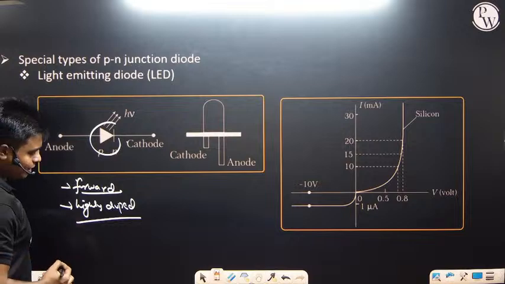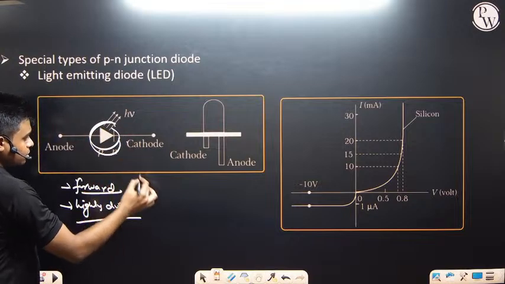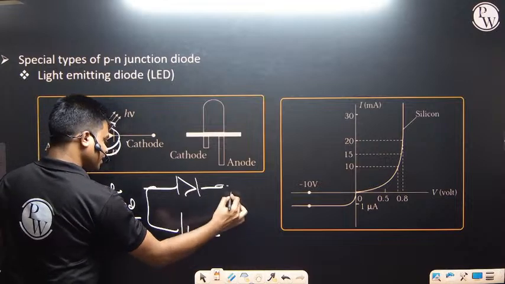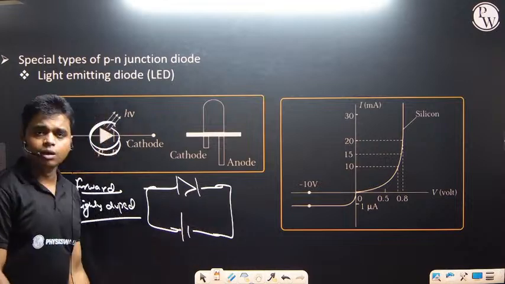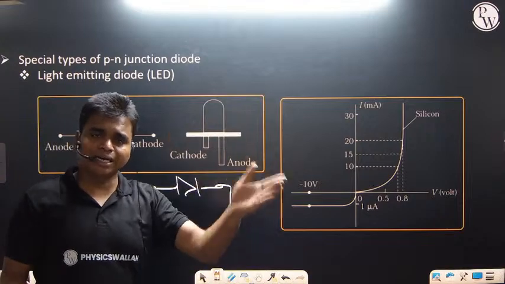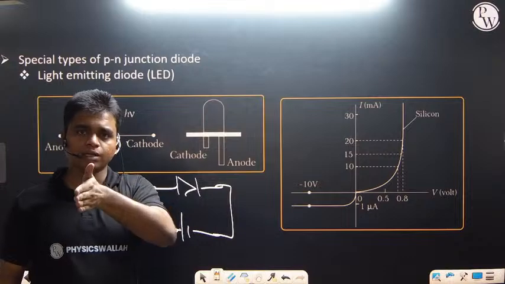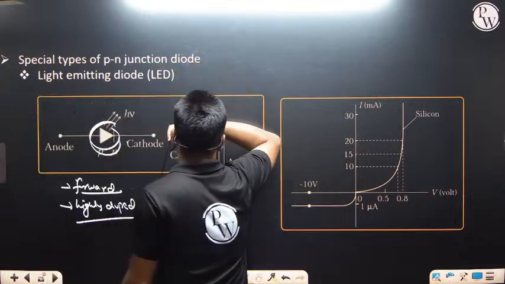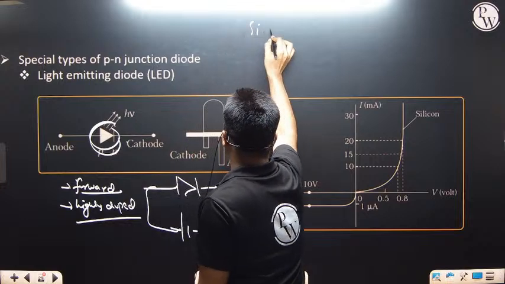What actually happens during this process, when it is connected in forward bias condition, more and more holes are transferred from P type to N type, and electrons are transferred from N type to P type. During this, there is a combination of electrons as well as holes. So this is silicon atom.